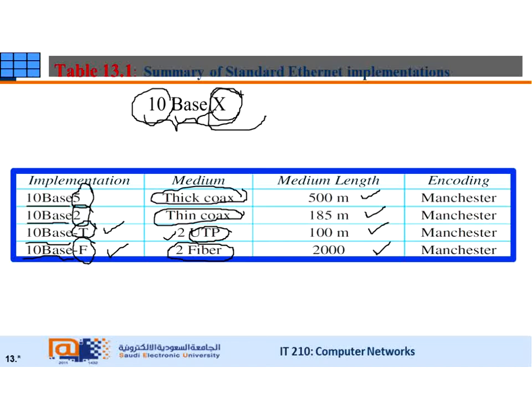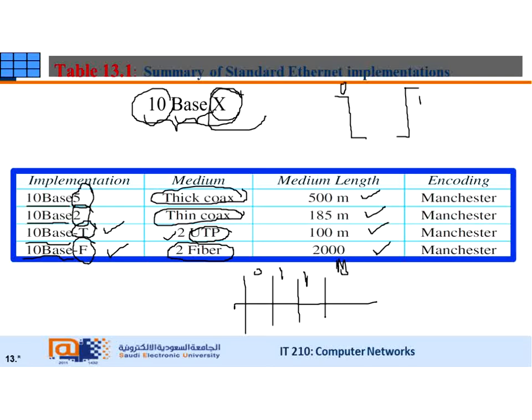Now, let me give you a brief introduction. What do you mean by Manchester encoding? In Manchester encoding, 0 is represented like this, and 1 is represented like this. Suppose I want to transmit 0, 1, 1, 0.